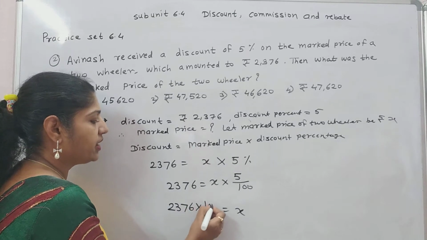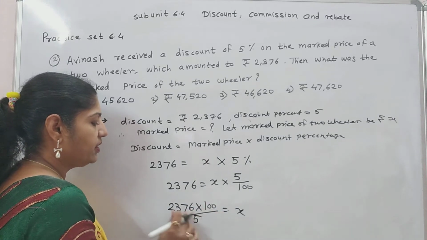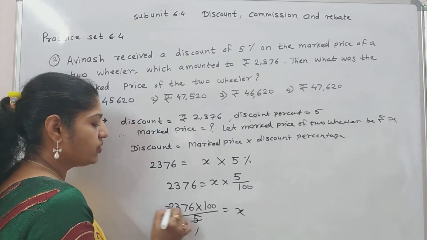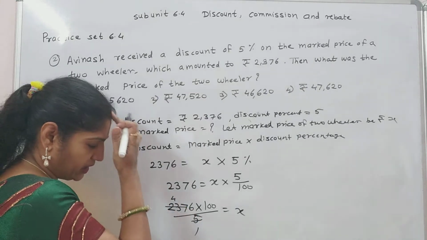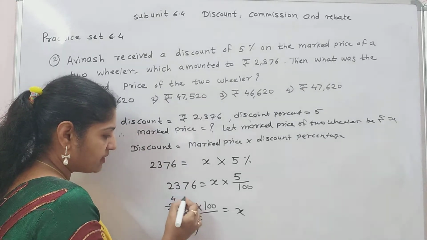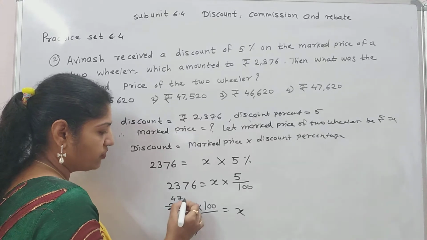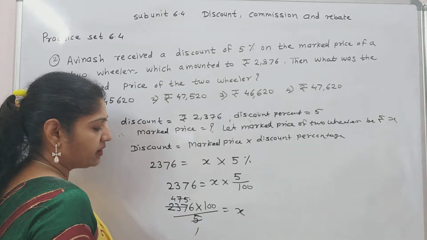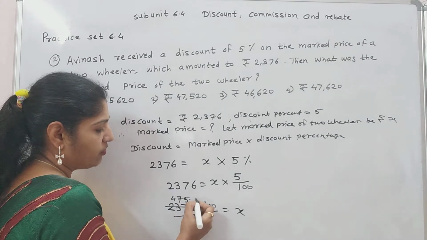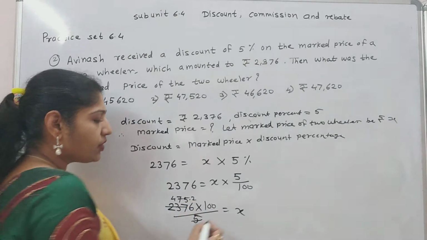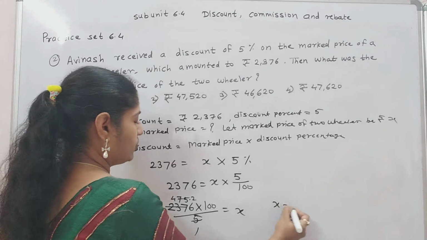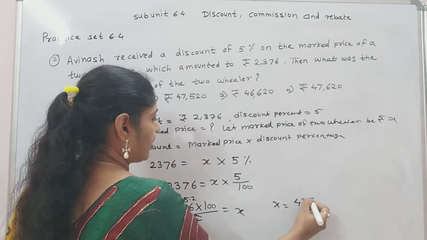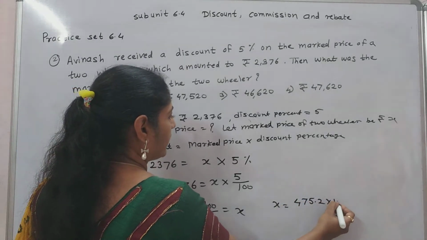2,376 into 100 divided by 5. Divide this number by 5. 5 4s are 20. 5 7s are 35. 5 5s are 25. Dot. Take a decimal place and take a 0. 5 2s are 10. So X equals 475.2 into 100.